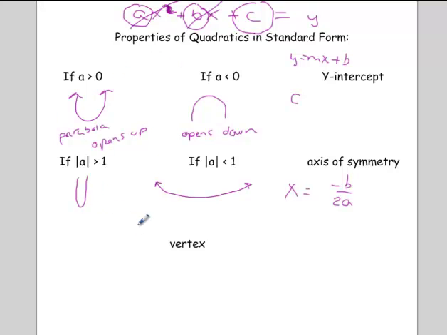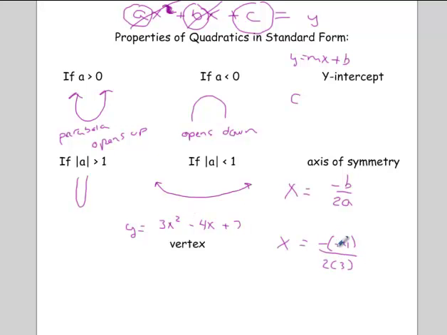So for example, if you have y equals 3x squared minus, let's go 4x plus 7, then to find the axis of symmetry, you plug in a negative from the formula. The b is negative 4, and then all over 2 times a, where a is 3.